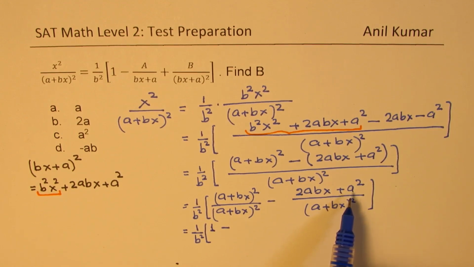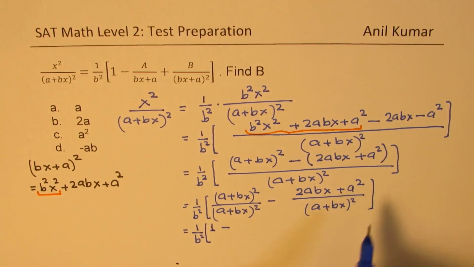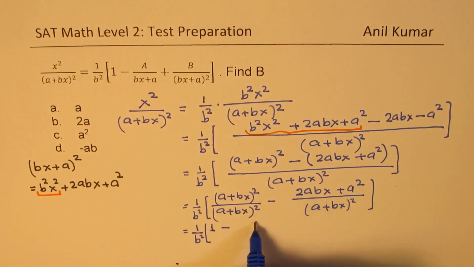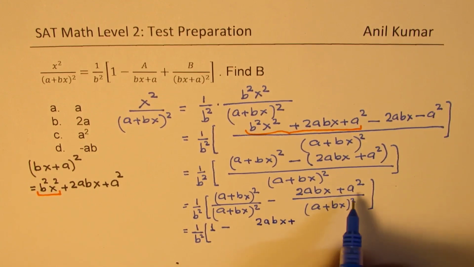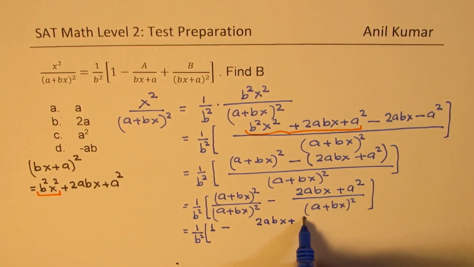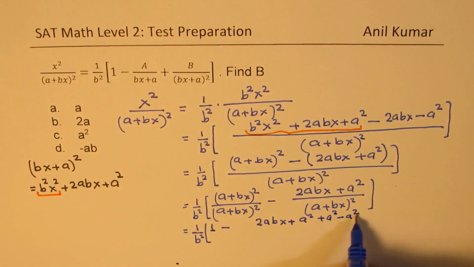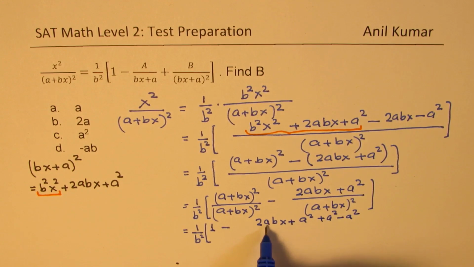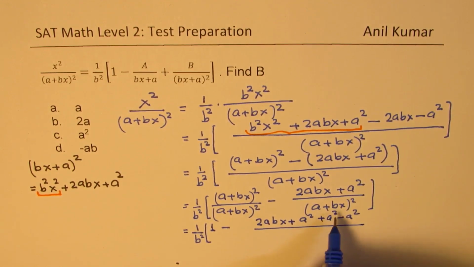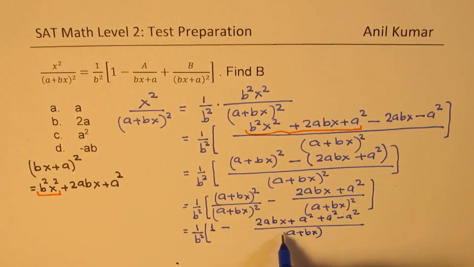So what we can do here is that we can add and subtract 1a square, right? So we'll write this as 2abx plus, we have a square, we'll add and subtract a square. So we get 2a square, then we can take 2a common, right? And here we have a plus bx whole square. Is that clear to you?